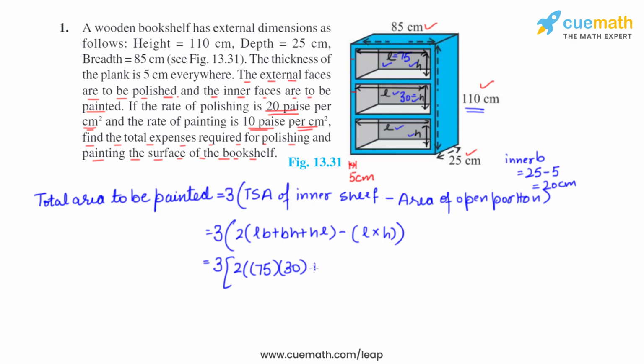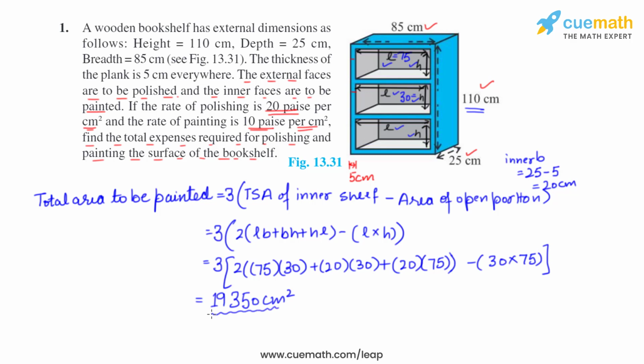So it means plus 20 into 30 plus 20 into 75) and minus 30 into 75. When we simplify this, we get an answer 19,350 square centimeters. So this is the area that needed to be painted.